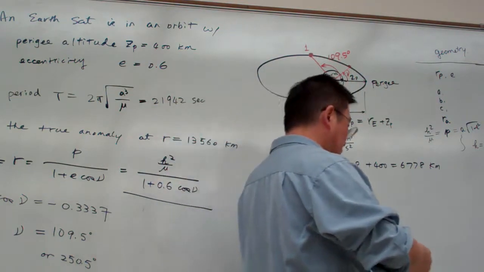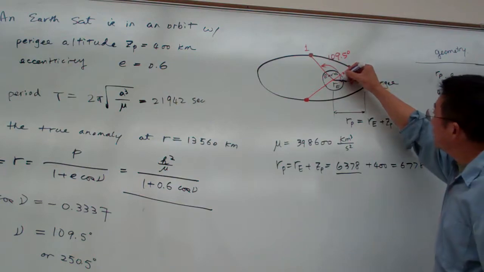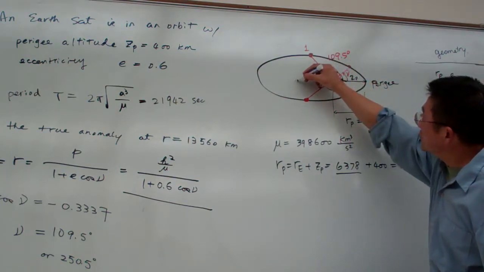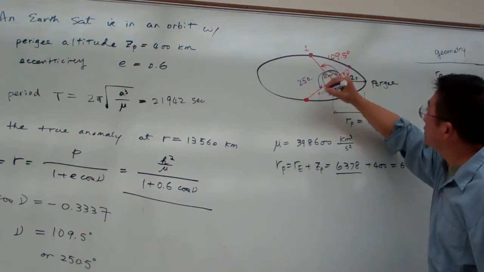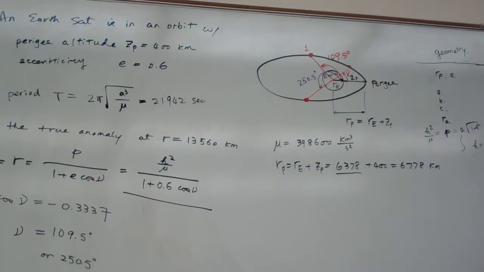That second position is the angle we measure from here to here, that is 250.5 degrees. Got it? So these are two possible locations on the orbit.